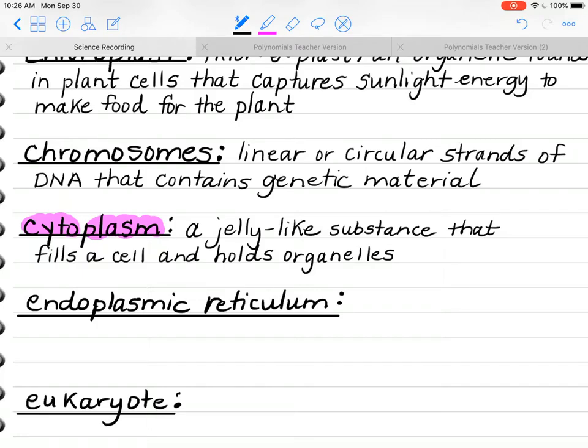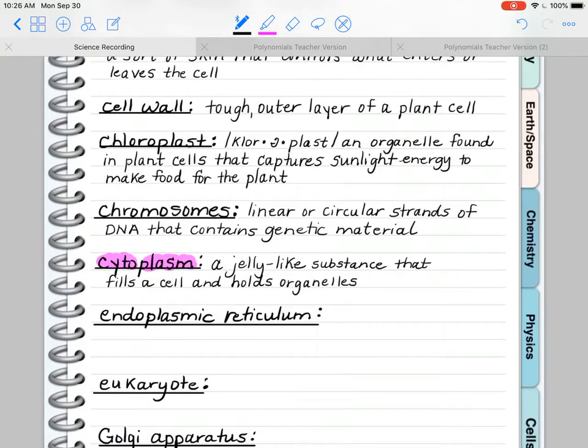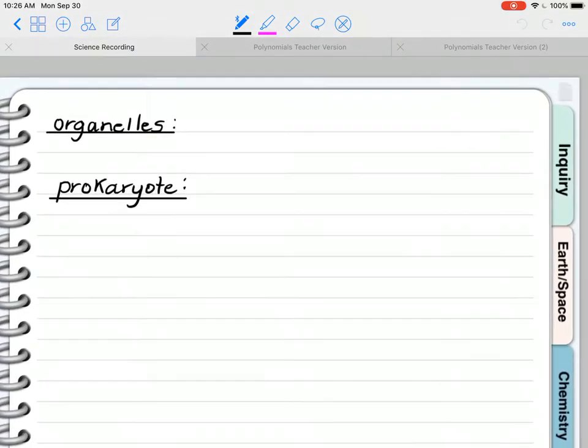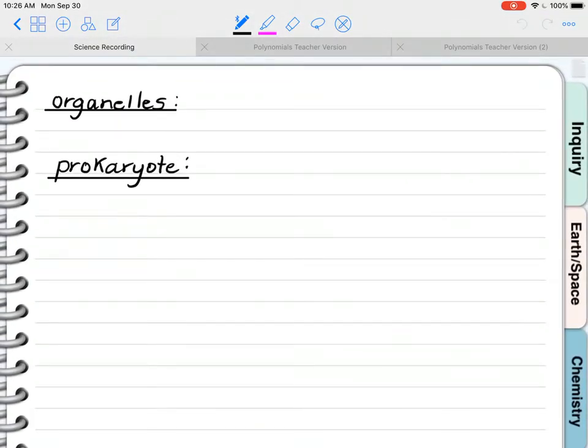And since this word organelles keeps coming up over and over, let's go ahead and jump ahead to the next page and define that word organelles, because it keeps coming up and we need to define it. Organelles are structures with membranes. Remember, membrane is loosely a skin.